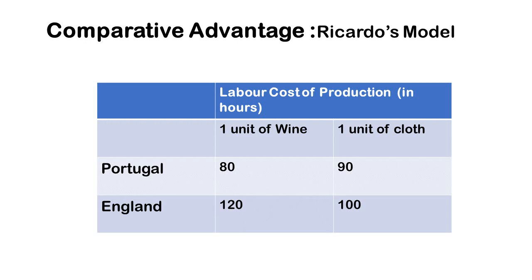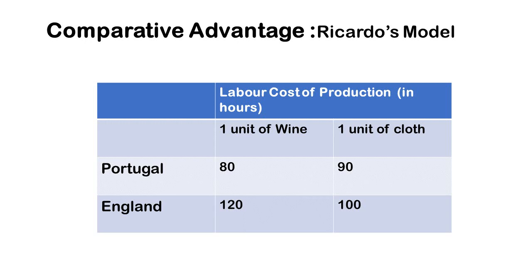So the absolute disadvantage is lesser for England in the production of cloth. According to Ricardo, England has a comparative advantage in the production of cloth because the degree of absolute disadvantage is lower in the case of cloth.